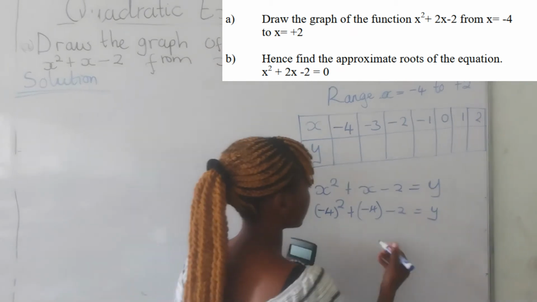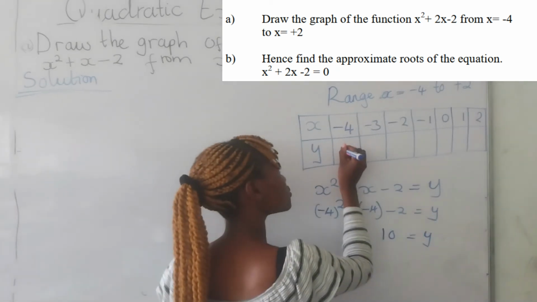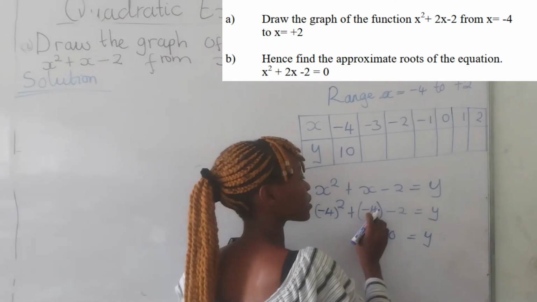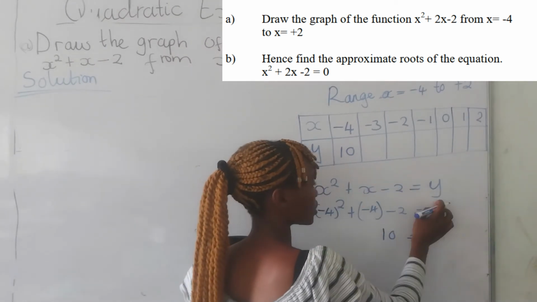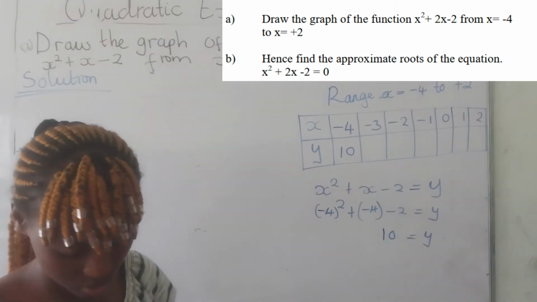Here I got 10. It's good. So this 10 is the one that you put here. So you just substitute all the values, one by one, into the equation and you write down your y. Okay? So this is how it's going to be done.